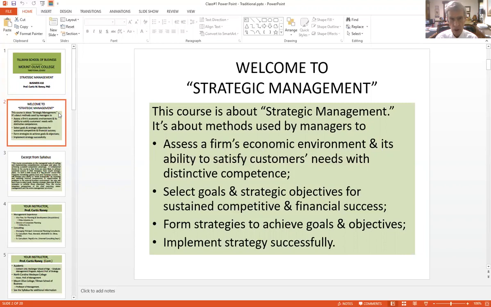Those activities altogether are strategy. We'll get into a more specific definition of strategy a bit later. But with your teammates, you will develop strategies for the company that you choose to study and present at the end of the course.